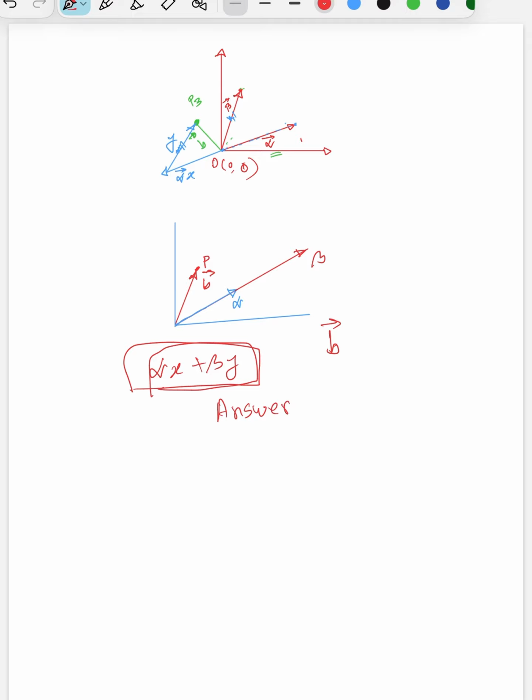The answer is no, we cannot, because no matter what scaling factor we multiply our vector alpha and the vector beta with, the summation of that can never reach that point.